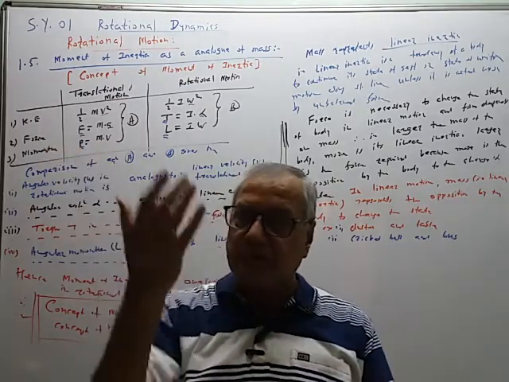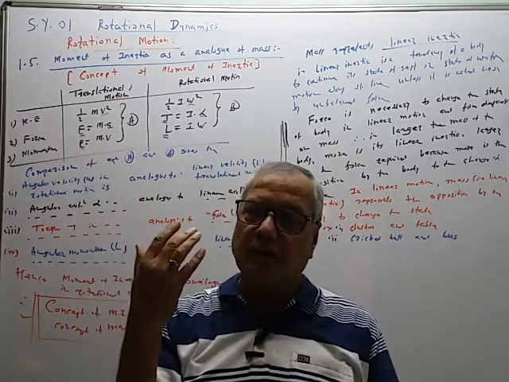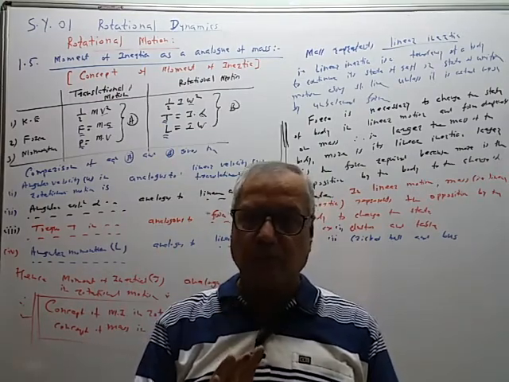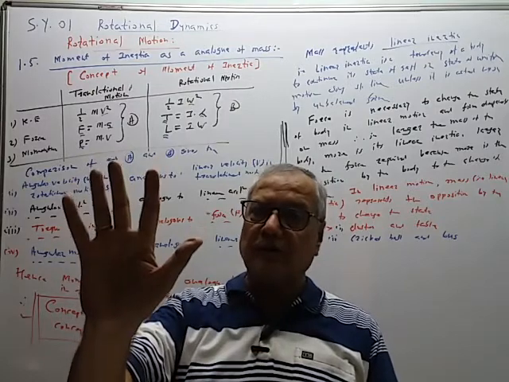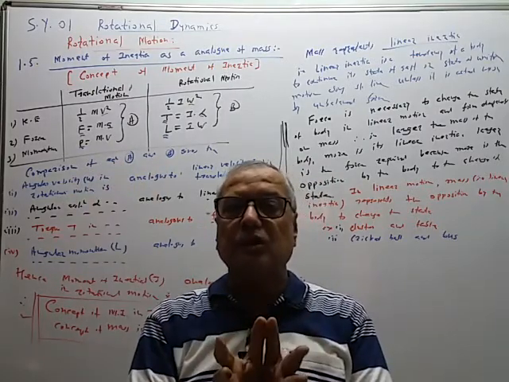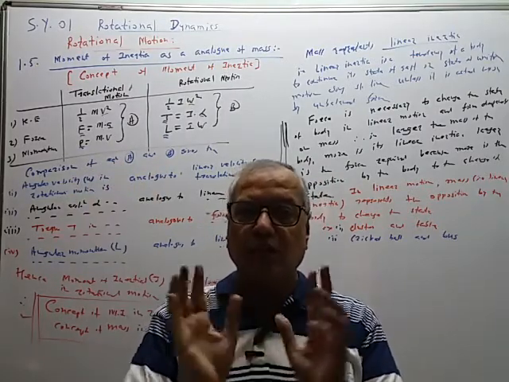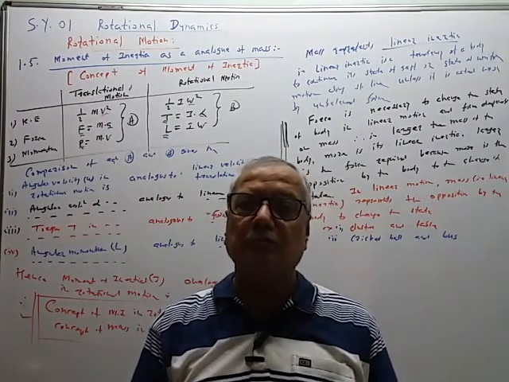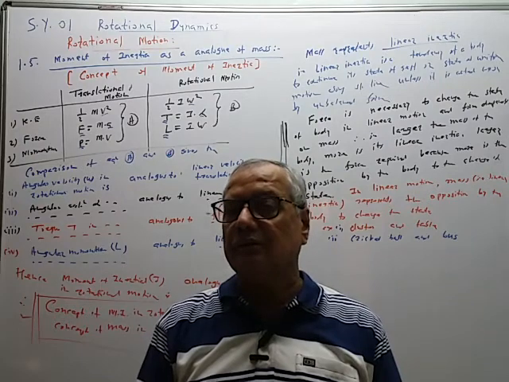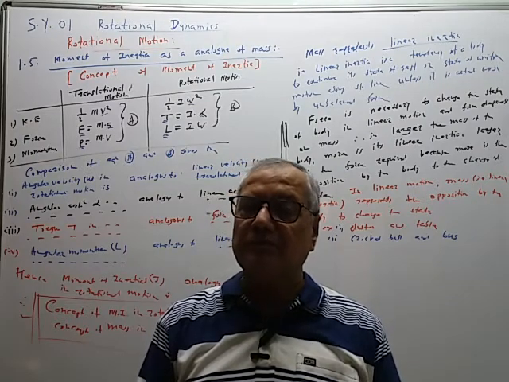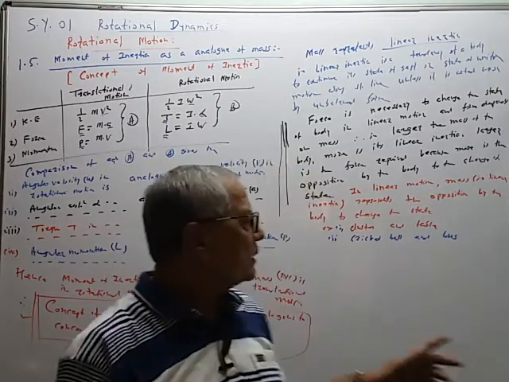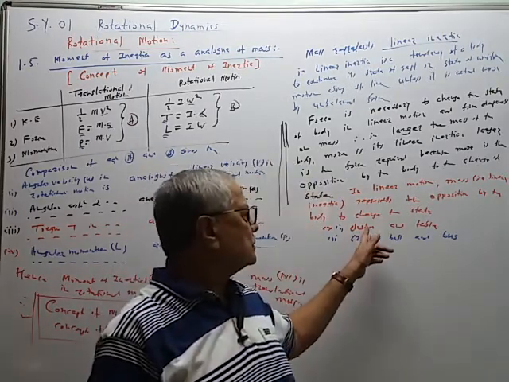Now suppose the bus is coming on a road towards us and we are to stop the bus, it is not possible. A tremendous force is required. Cricket ball can be easily stopped by applying a smaller force. Bus cannot be stopped by this, only by applying the force by human man like this. Because mass of the bus is very large as compared to the cricket ball. So these are the two cases.